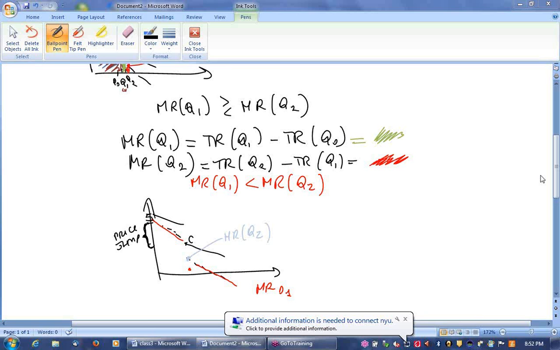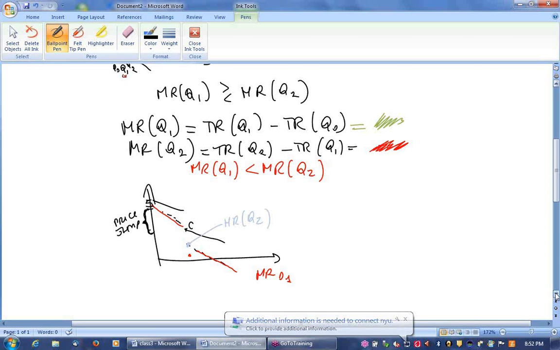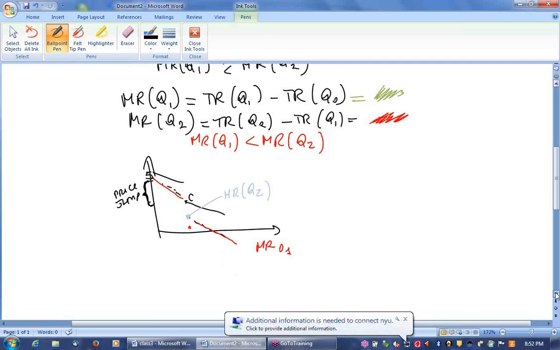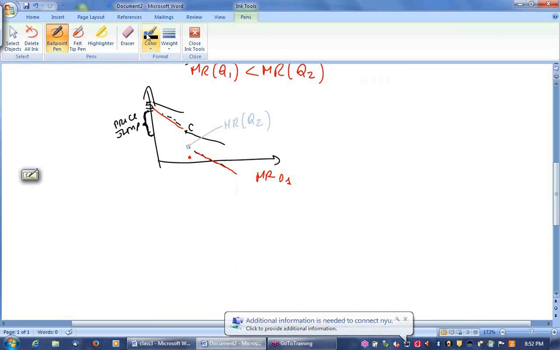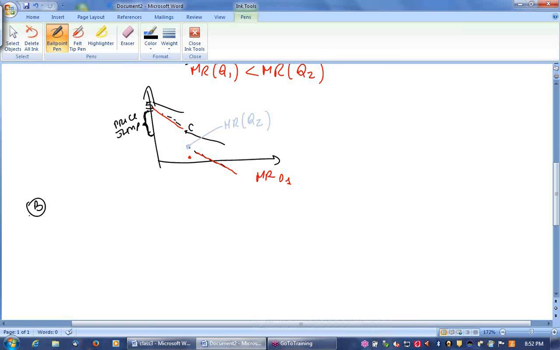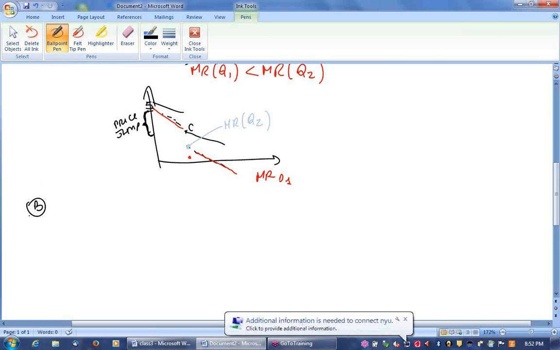Okay, so part B of the problem. Now we have to consider the second part of the demand, right? The one that we took away. So the problem says, recall that the segment 2 is the middle portion of the market demand, showing buyers who are willing to pay between P low and PH, right?